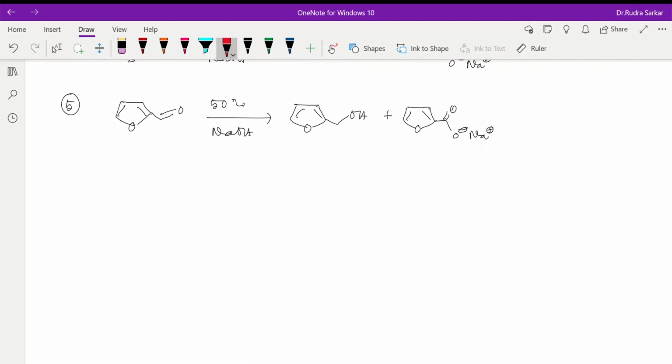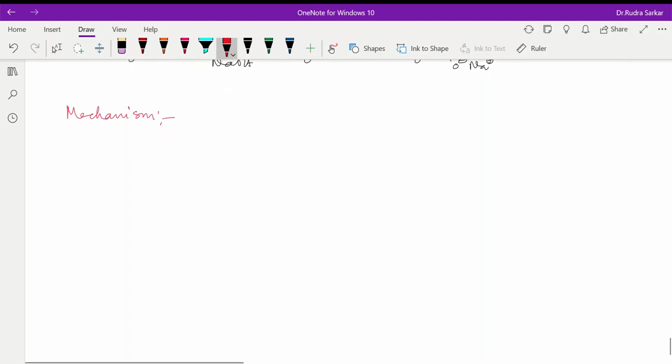Now let us have a look at the mechanism for the reaction. So I'm just taking formaldehyde as the molecule to explain such a thing. Now suppose you are treating this with hydroxide, so obviously the electrophilic carbon will be attacked by the nucleophile.